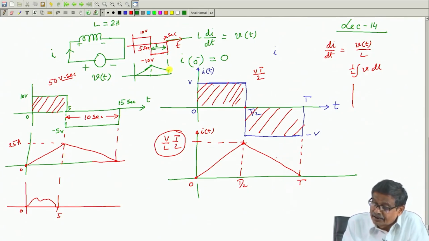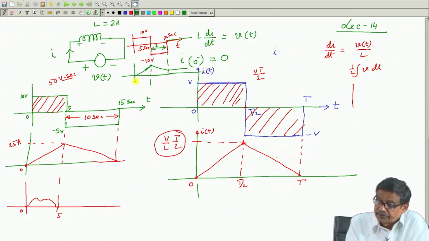So, inductor current will circulate like this. So, this is 5 seconds and this is 2 seconds, and if the voltage pulse is like this, it was 0 earlier, then beyond t equal to 7 seconds it is once again 0.